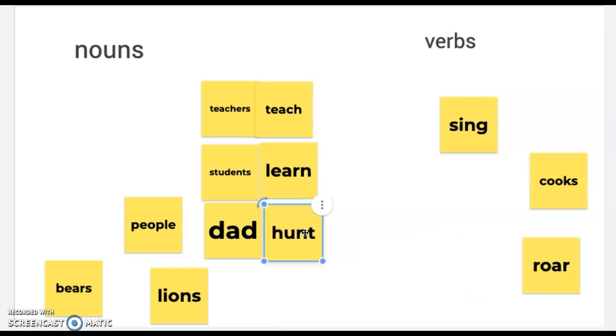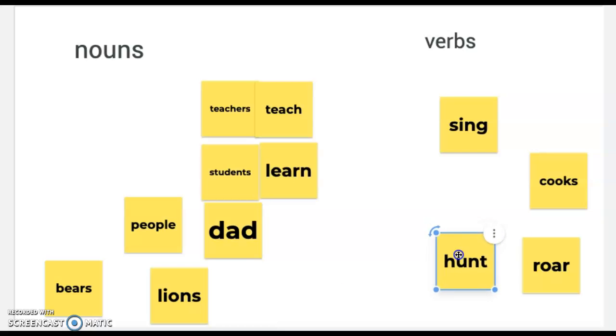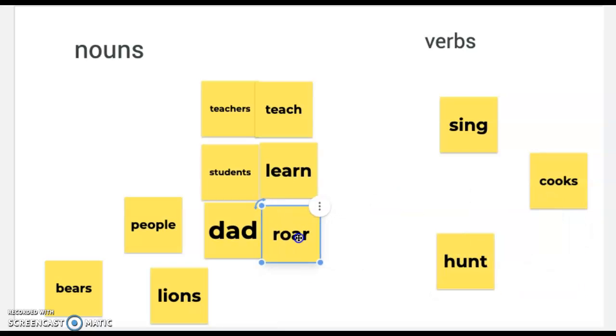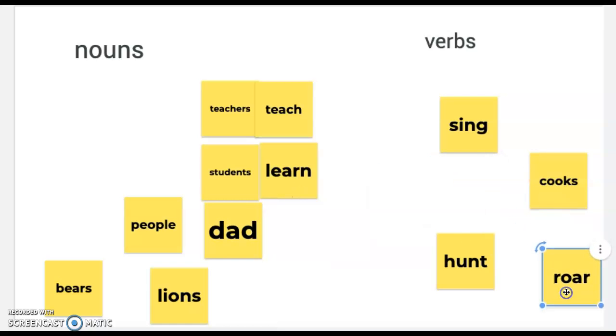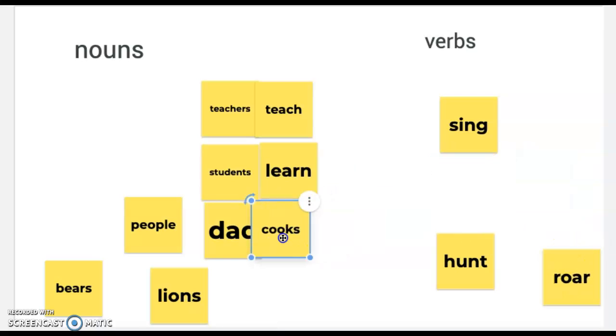Dad hunt. Oh, unless we're telling dad what to do, which we don't tell dad what to do, we're going to put that one back. Dad roar. Oh, that doesn't fit either. We only have one dad, and these all do not have an S, so they're not plural, so we can't use that. How about dad cooks? Oh, that sounds better, because that tells us what dad is doing.